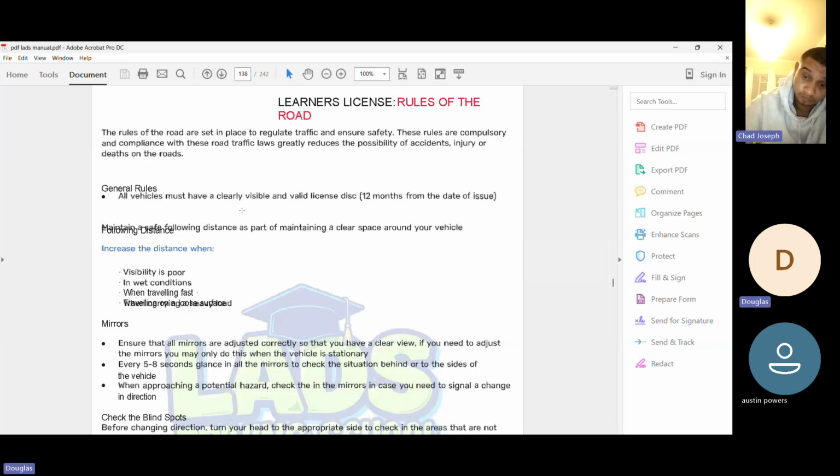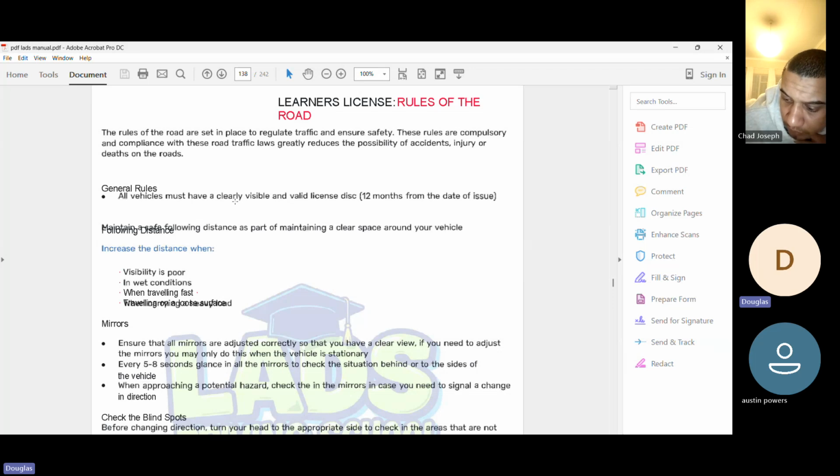Okay, so the first thing that you should know about rules of the road, there are a set of regulations that are set by the traffic department to govern how people should function on the road while they're driving. So the first general rule is all vehicles must have a clear, visible, valid license disc, which is valid for 12 months.